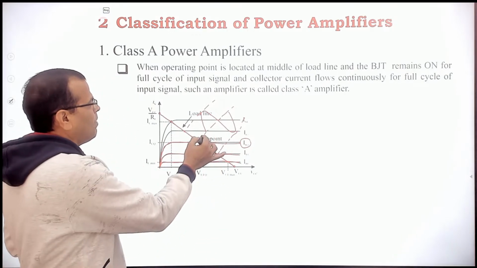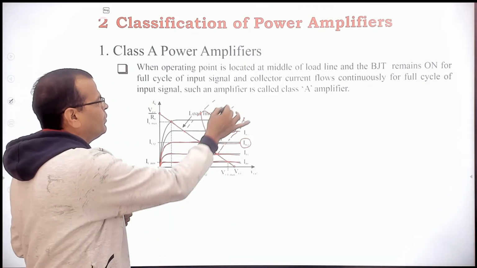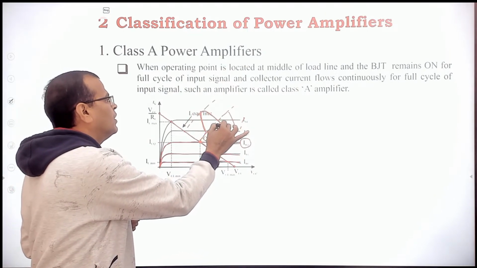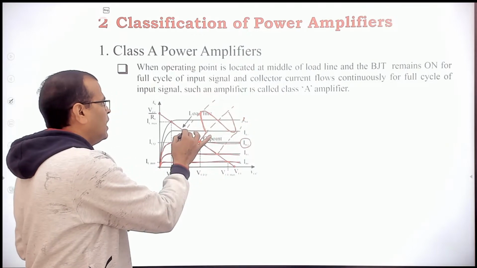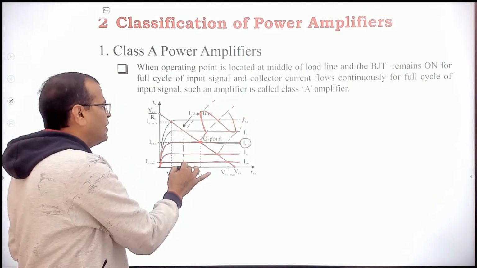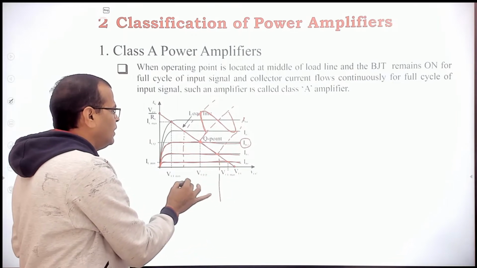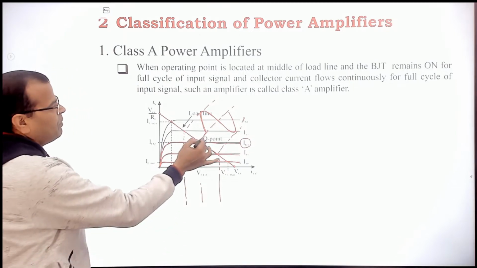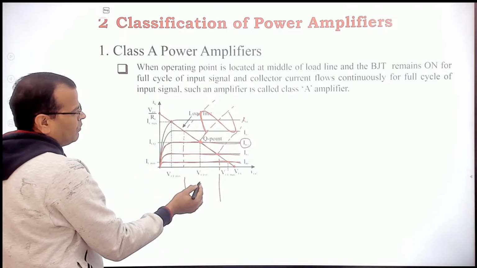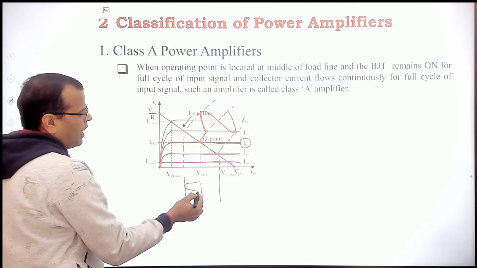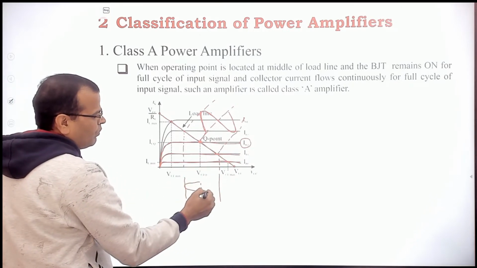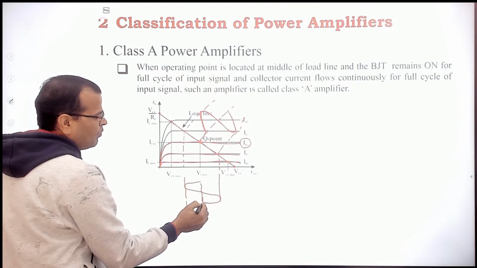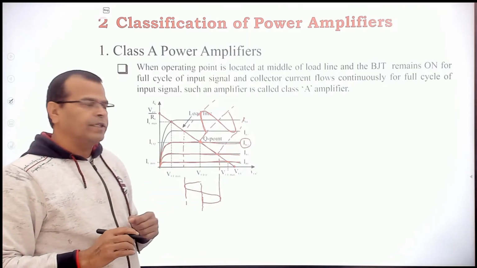Now the corresponding variation in voltage VCE can be taken like this. When base current is increasing, the voltage VCE is decreasing, and when base current is decreasing, the voltage VCE is increasing. So there is a 180-degree phase difference between voltage VCE and base current.